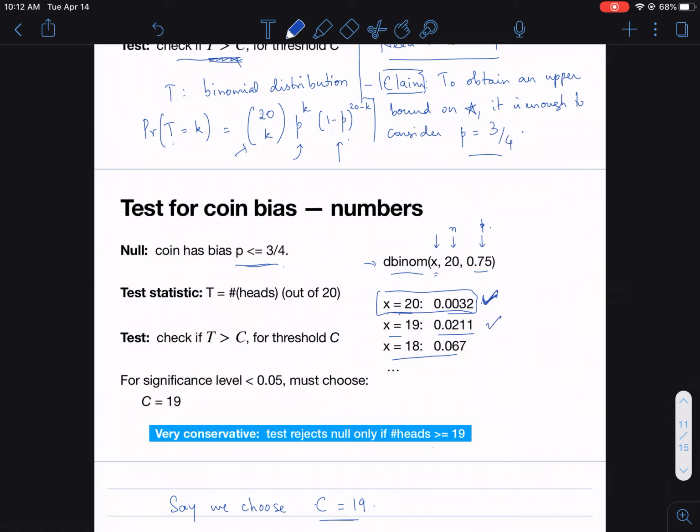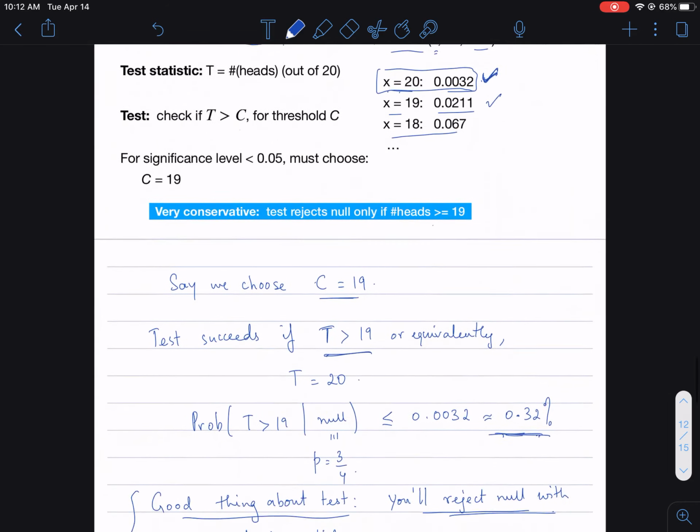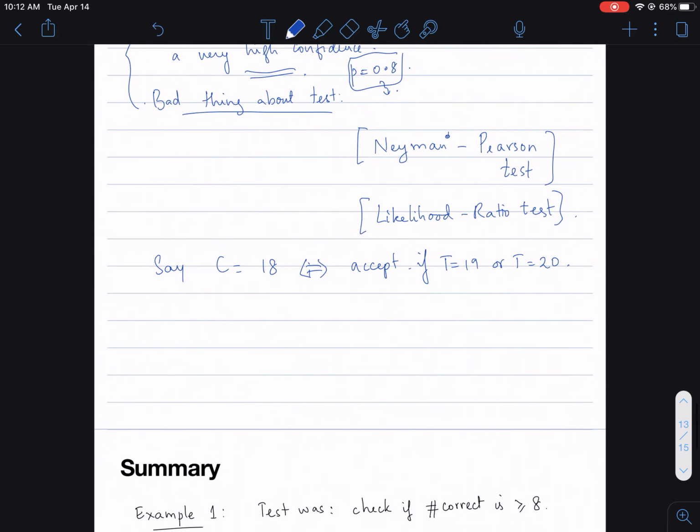The probability that t equals 19 is this. The sum of these two is roughly 0.024, rather than 0.24. So the probability that the test succeeds given the null is less than or equal to 0.024, which is about 2.4%.